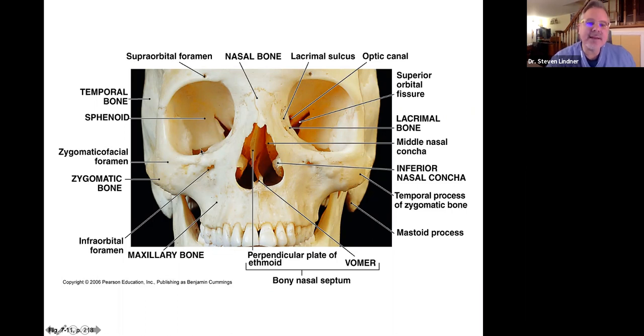And a little bit down, you could sneak a peek at the inferior orbital fissure. There's the supraorbital foramen, infraorbital foramen, maxilla. Here is the temporal process of the zygomatic bone. There's your mastoid process. Here's your nasal bone.